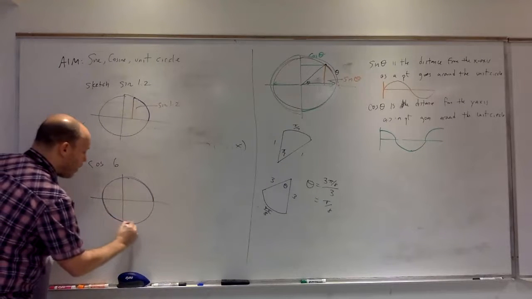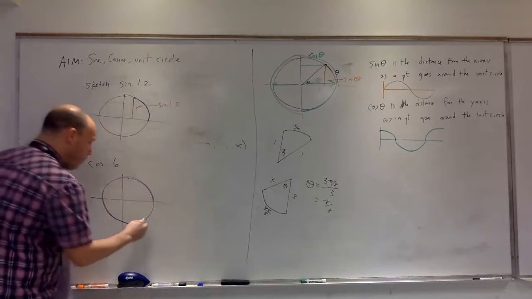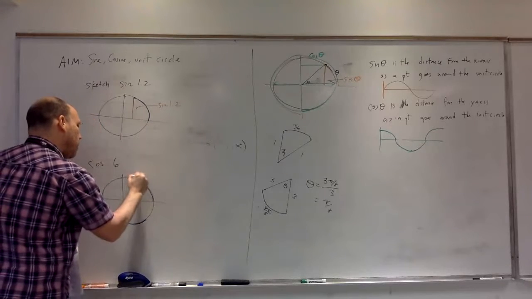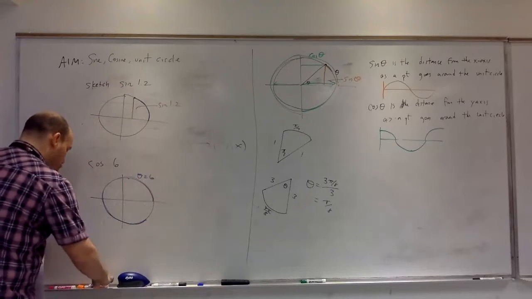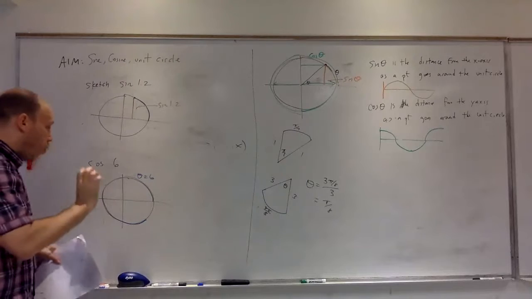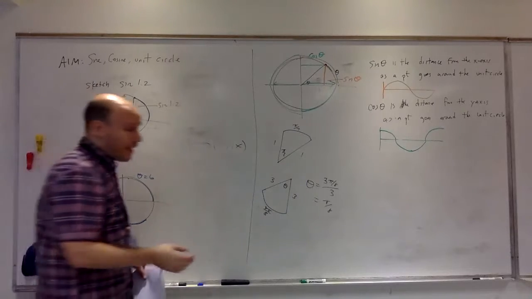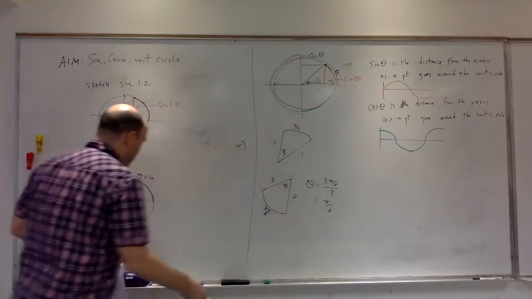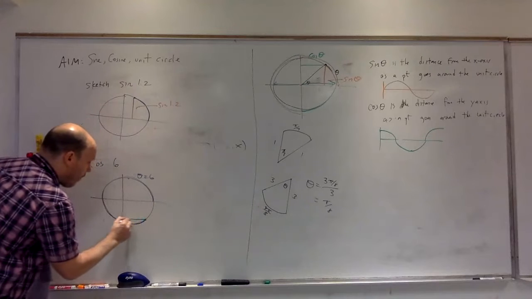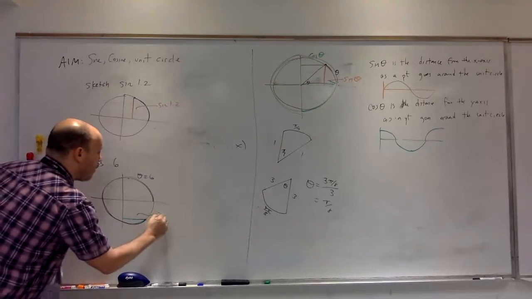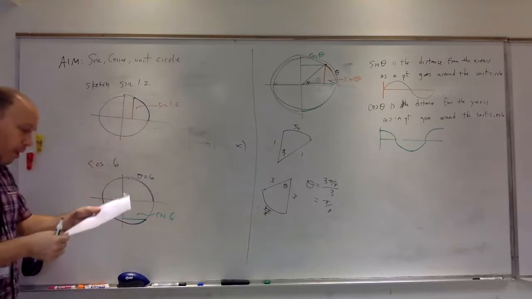This is a rotation of 6, okay? The question is, what is the cosine of 6? Well, the cosine is the distance from the y-axis. This length, whatever it is, is the cosine of 6.